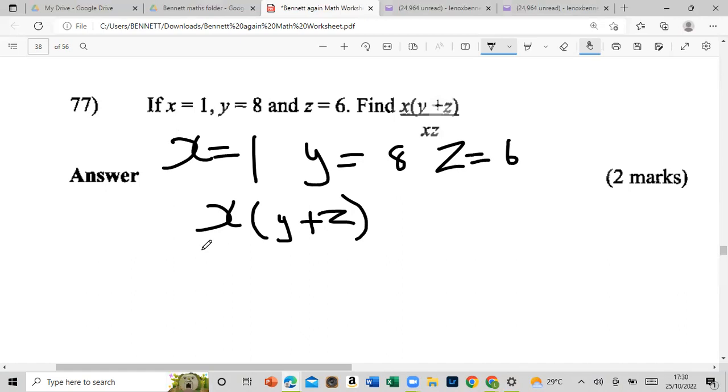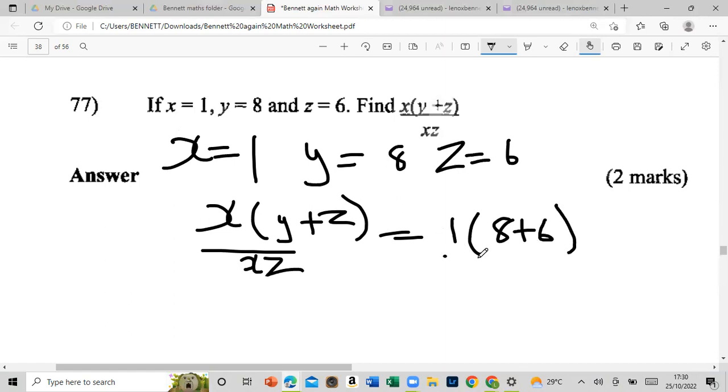And I have to look very carefully. Alright, so let's just put in the values now. x is 1, so that is easy. y plus z, that's 8 plus 6. It is straightforward since all of them are positive. xz, so x is 1 multiplied by 6. Alright, so work out the bracket first, which is 8 plus 6, that is 14.